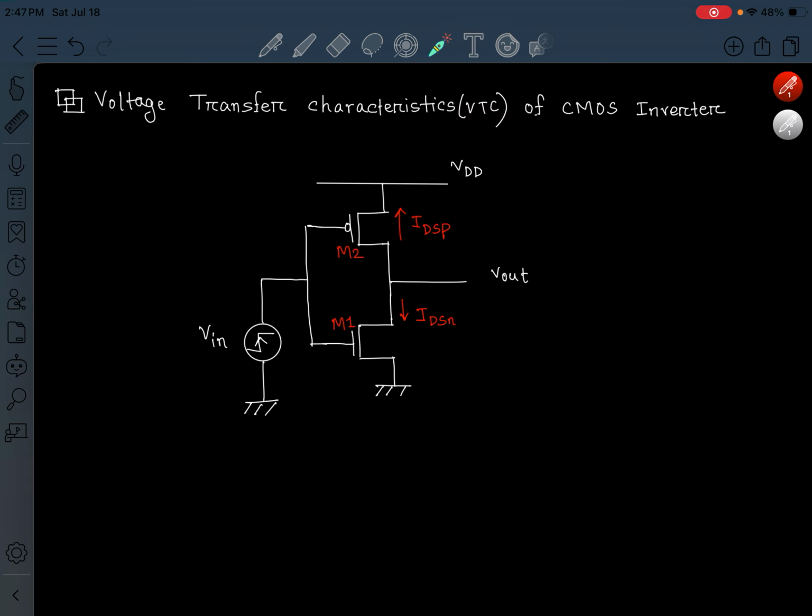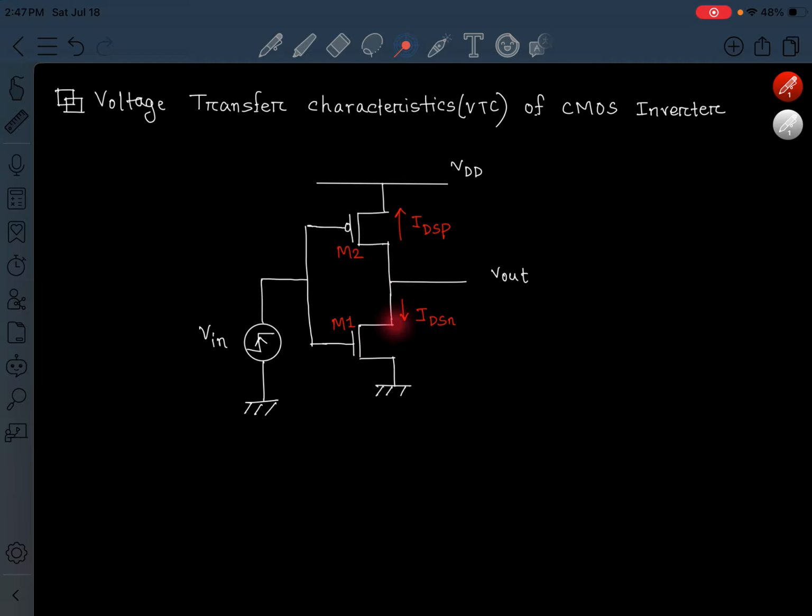At first, have a look at the circuit of CMOS inverter. So here we have a power rail called VDD. This is high voltage or digital 1. Now we have a PMOS directly connected to the VDD, and the source of the PMOS is connected to the VDD, and we have an NMOS that is connected to the ground, and the source of the NMOS is connected to the ground, and there is a common drain.